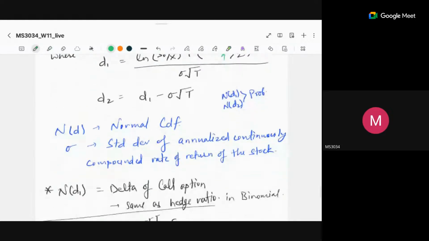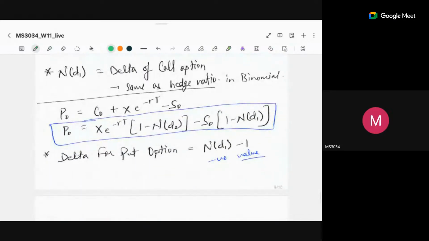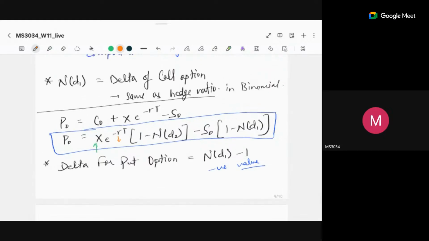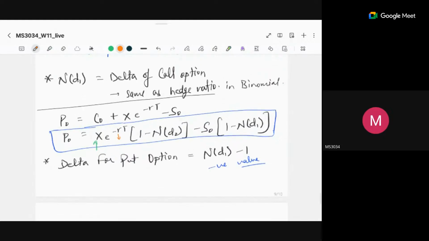Similar analysis if we do for the put option, then with exercise price it goes up. Okay, with interest rate it goes down. With the expiration date it is uncertain, because the expiration date comes in N(D1) and N(D2) also, and these have negative and positive relations with this.